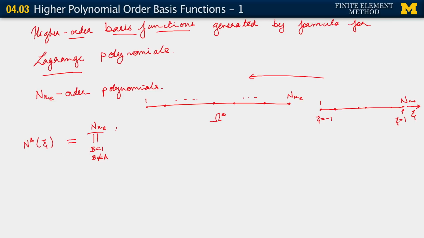We have here ξ minus ξ_B, and this is divided by another product, the limits of which are the same, but here the expression we have is ξ_A minus ξ_B.